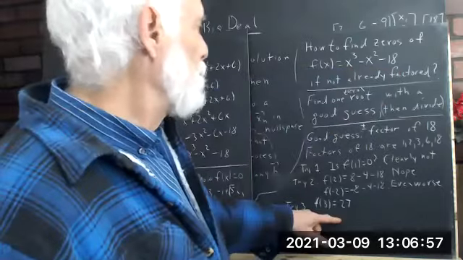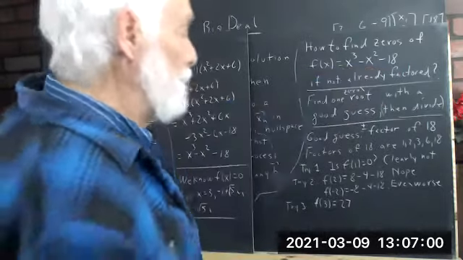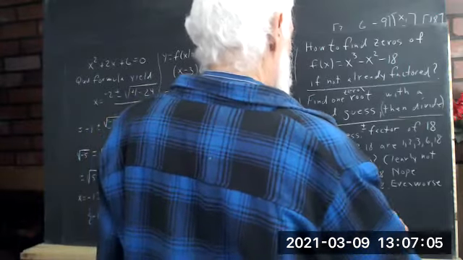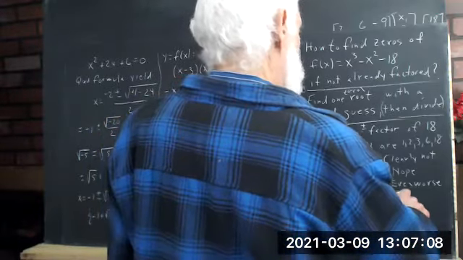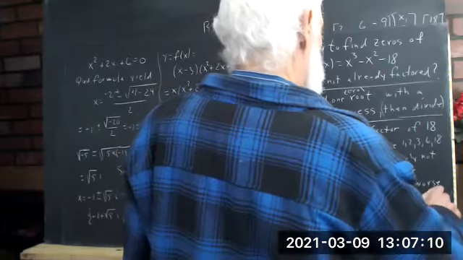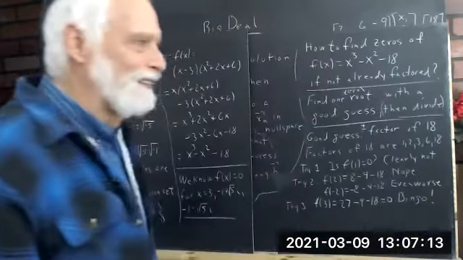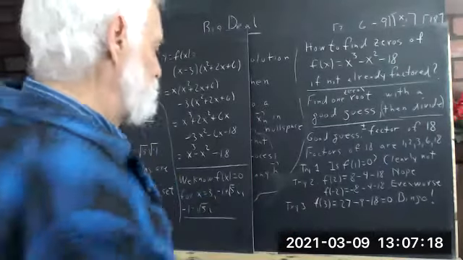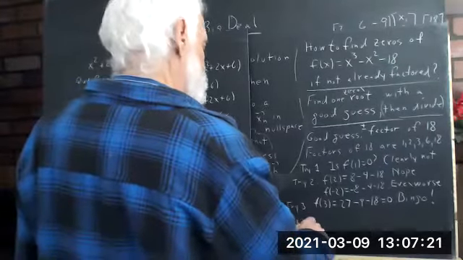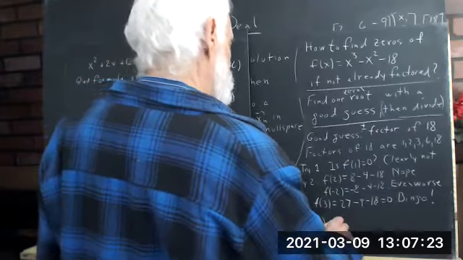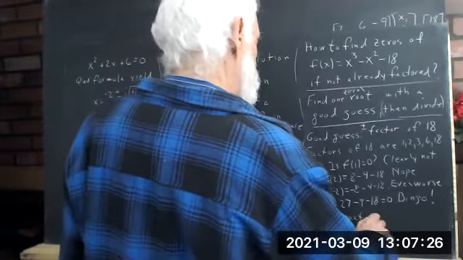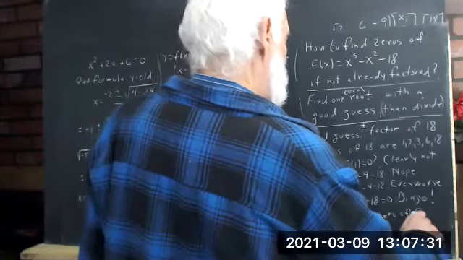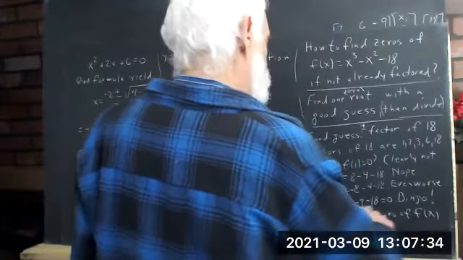Okay, so we got 27, and then minus x squared would be -9. Minus 18, that equals 0. So we say bingo. Okay, x equals 3 is a root, or a 0 of f of x.